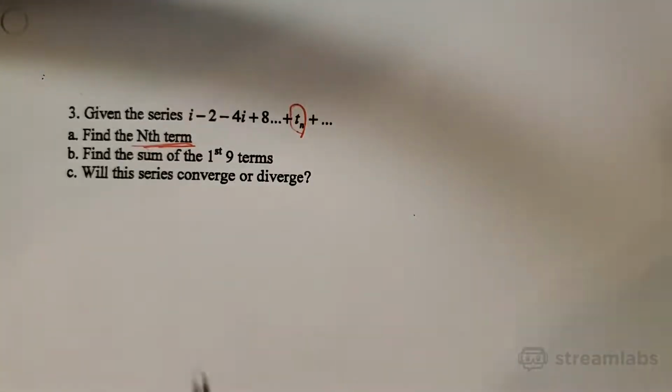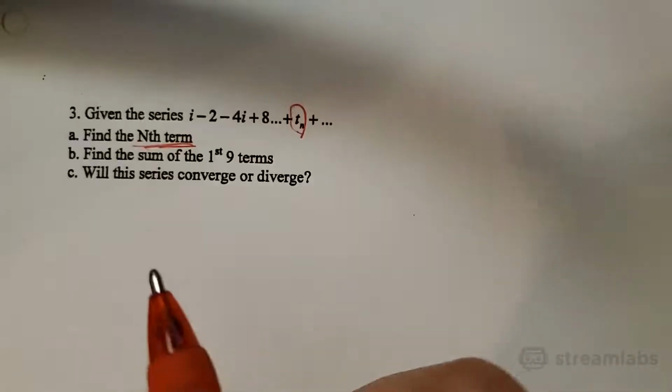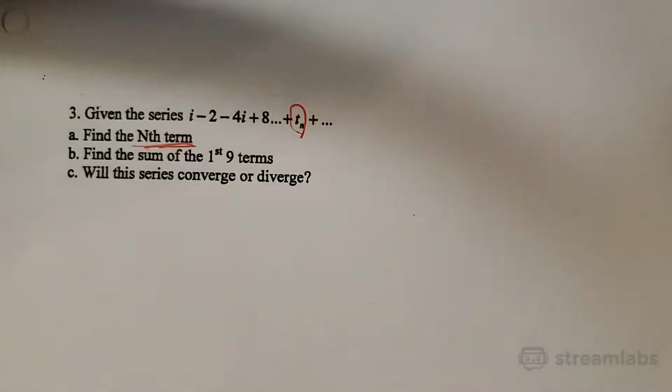So what is the pattern here? What are you doing? What is happening? So let me just tell you, it's a geometric sequence. So what is the ratio? Tell me, what are you multiplying by?